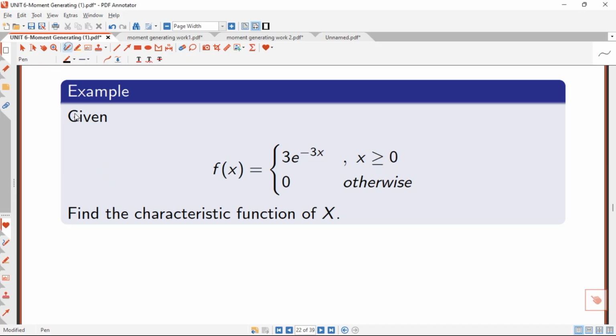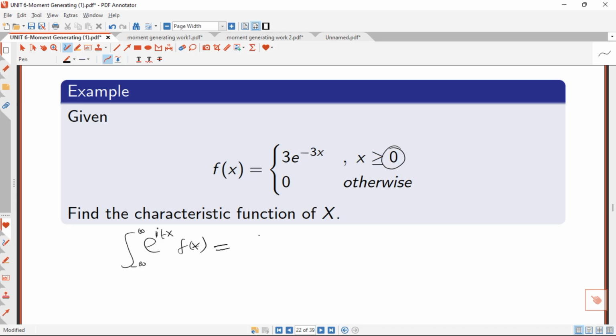For the continuous case, we just learned that we move from negative infinity to positive infinity of e raised to the power i times t times x times f of x, right? From this question, our x is greater than 0.